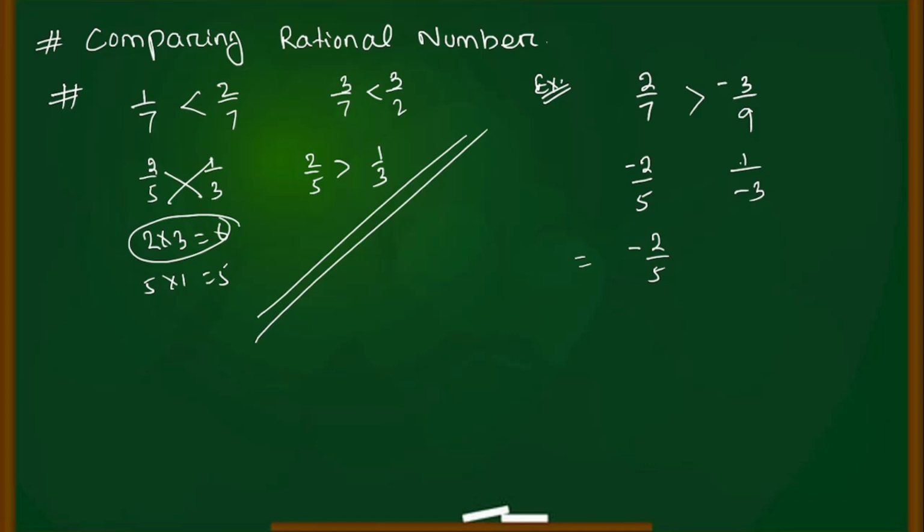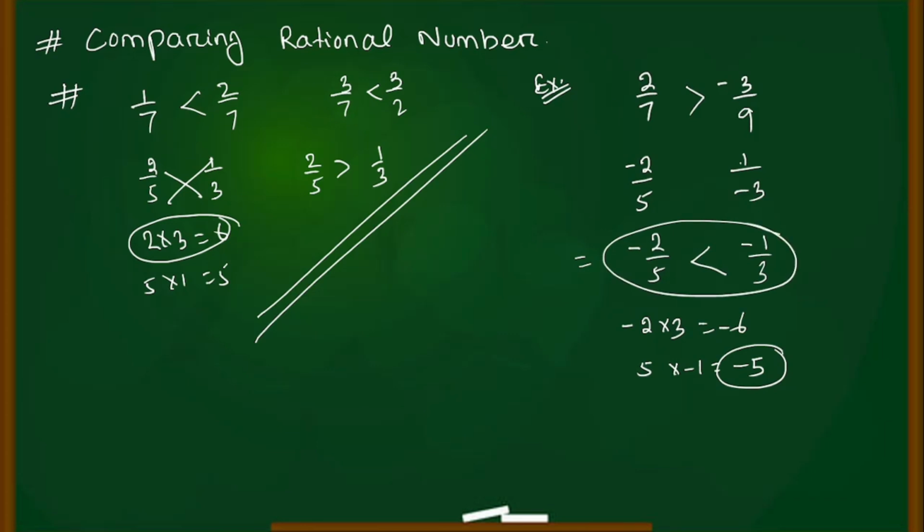First convert, that is minus 1 by 3. Now compare. Here the numerator and denominator are different, yes or no? This is the third case, so we cross multiply. Minus 2 into 3, that is minus 6. Then 5 into minus 1, that is minus 5. Yes or no? Which one is bigger? In negative numbers, the smaller one is bigger. That's why the second is bigger, so less than. Answer. Okay.